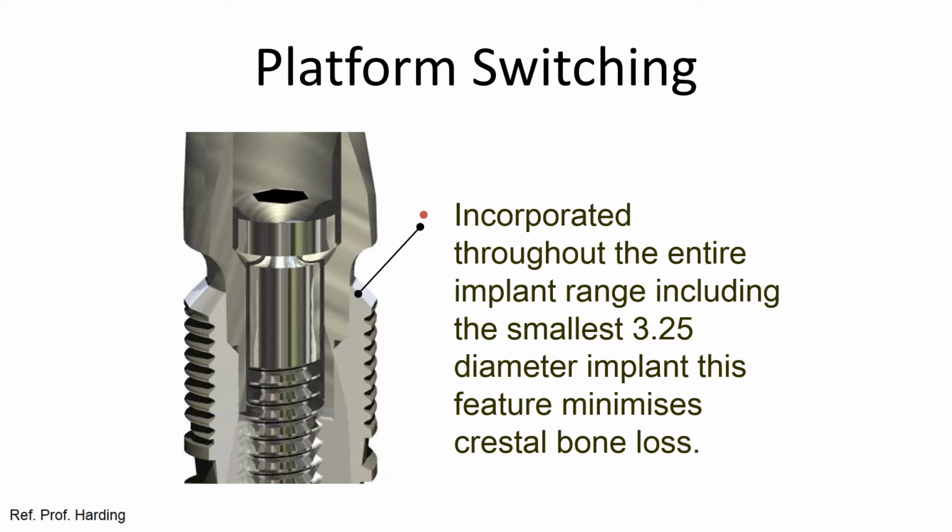Now we have this step, and as I say, this step is to incorporate the biological width. Not all implants have platform switching, and you will have to decide when it comes to purchasing your own systems whether you feel platform switching is a feature which is desirable or not.